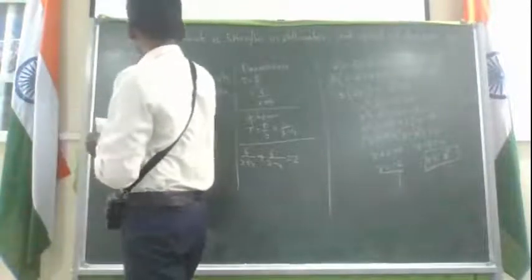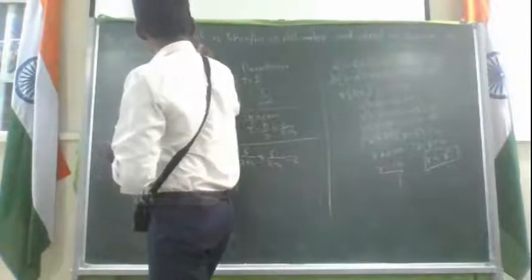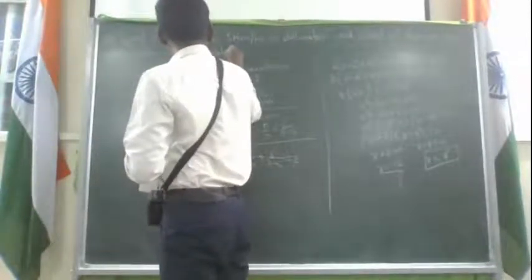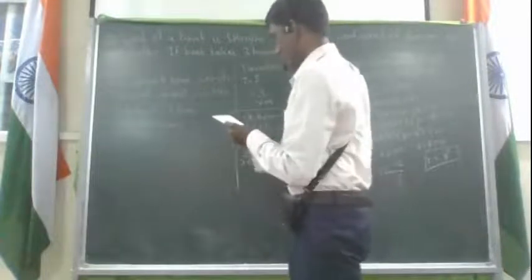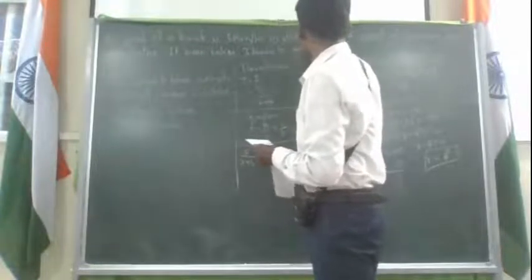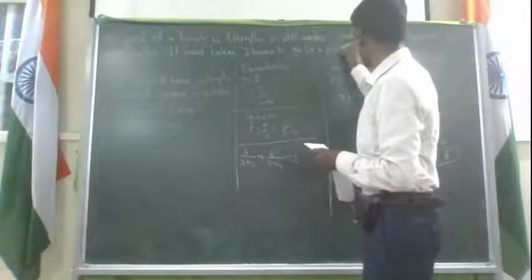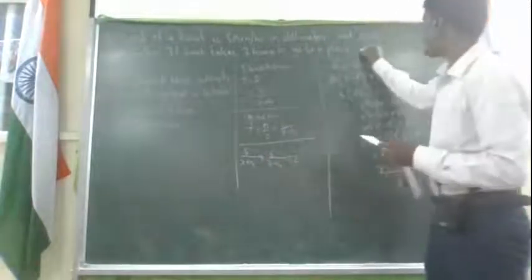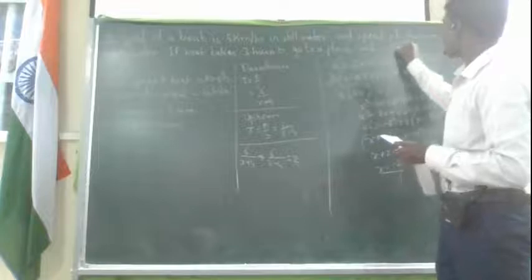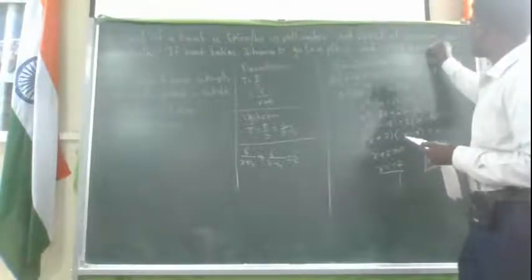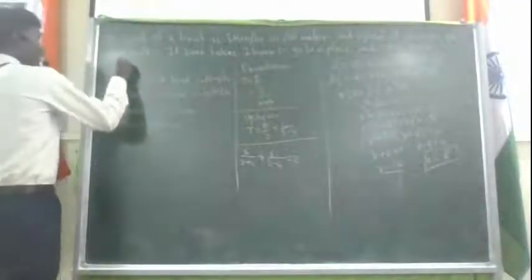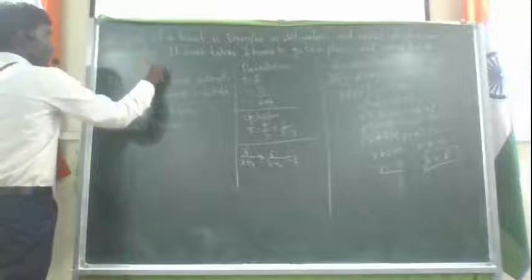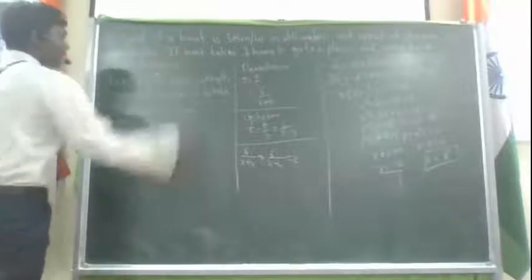If the boat takes 3 hours to go to a place and come back, the distance of the place is dash. You can say find the distance.